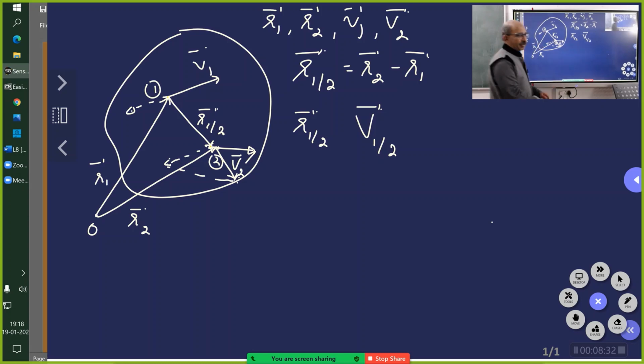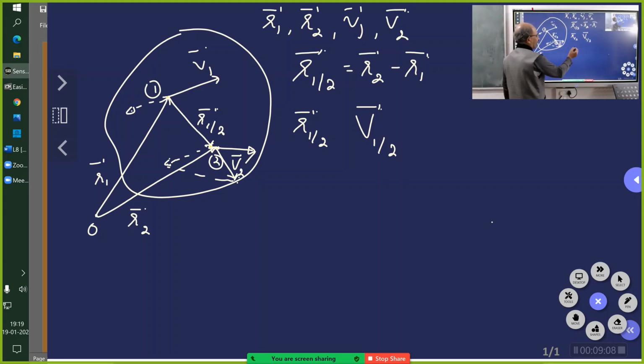What is the relation between these two? Like V12 bar by R12 bar will be the same, sir. It will not. See, if I give you this and this, there is some relation between the two. They both are directly proportional. So how is it directly proportional? Where is omega given here? What is the relation between these two vectors?